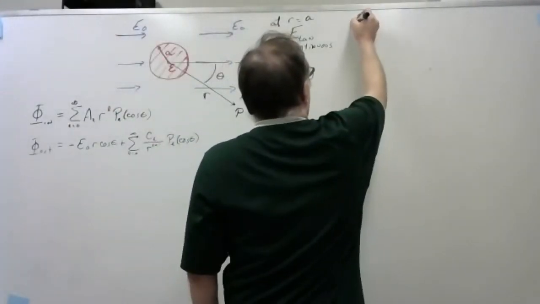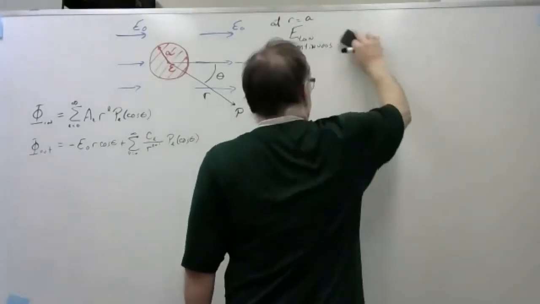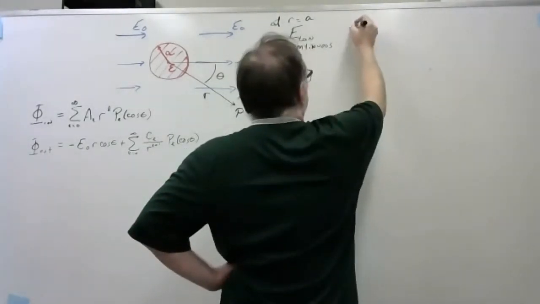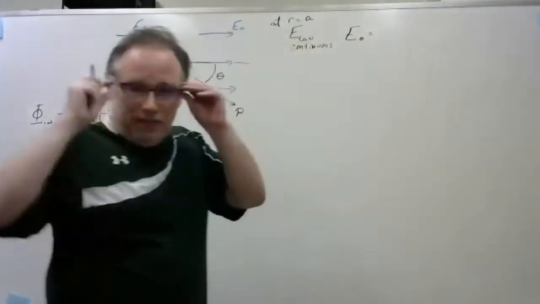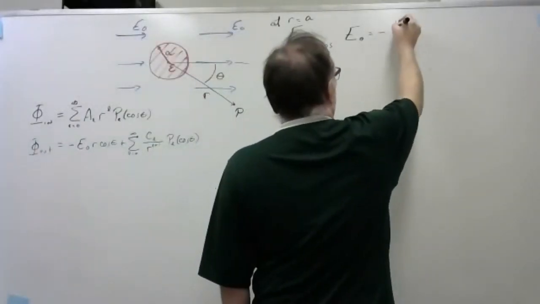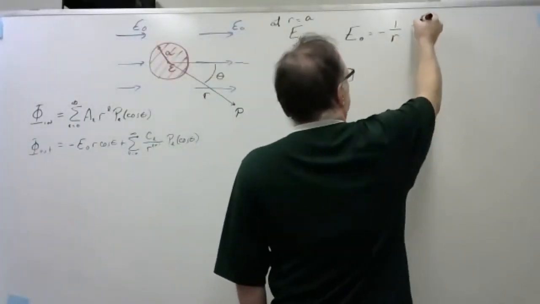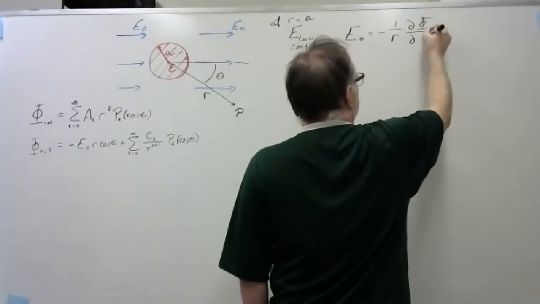So I want the E theta, and when I look at what that component is in terms of spherical coordinates, it's minus 1 over R partial of the potential with respect to theta.